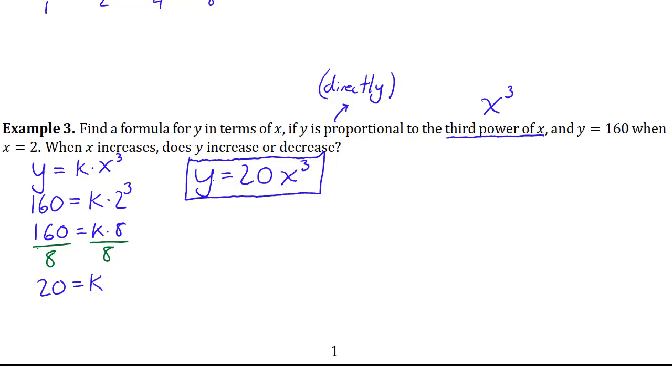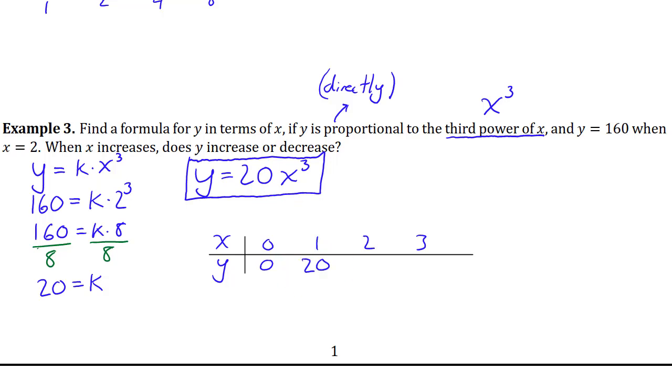Okay, so the other part of the question is when x increases, does y increase or decrease? You might be able to look at this and just know. If you're not sure, you could always make a little table. If you plug in x equals 0, you're going to get 20 times 0 cubed. It will be 0. If you plug in x equals 1, you're going to get 20 times 1, which is 20.